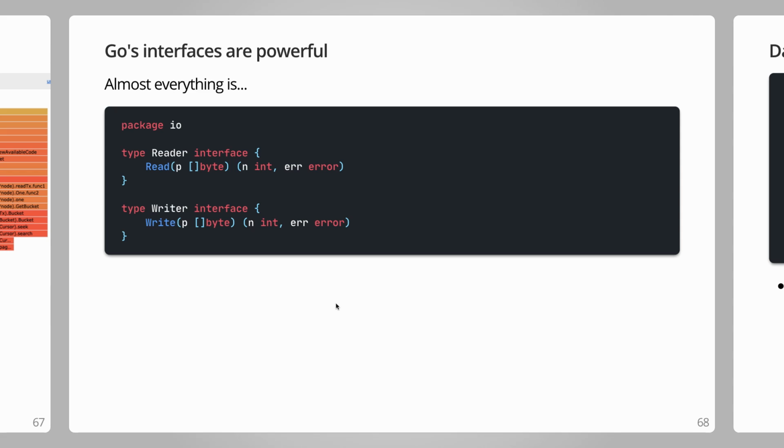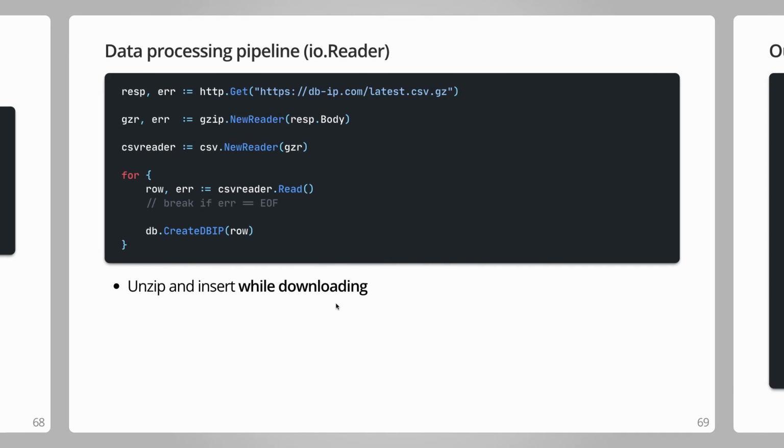The thing is that a lot of packages implicitly implement these. So here's an example which utilizes that. We're making a HTTP request to the DBIP server to grab the latest gzipped CSV file. Then we pipe it through a gzip unpacker, then into a CSV decoder, and finally insert it row by row into the database.